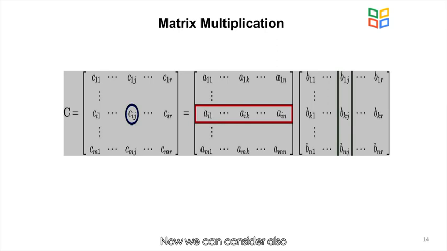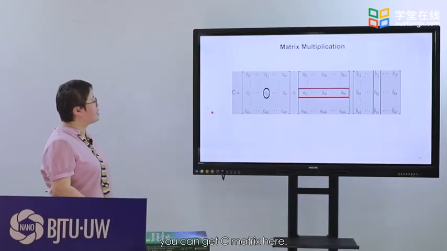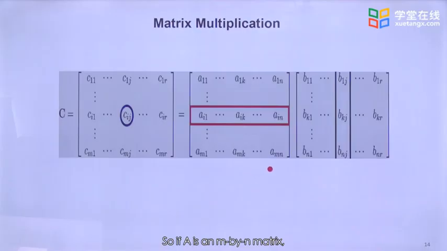Now we can also consider this figure to see what matrix multiplication is. With matrix multiplication, you can get the C matrix here. If A is an m by n matrix and B is an n by r matrix, then the new matrix C, which equals A times B, is an m by r matrix.